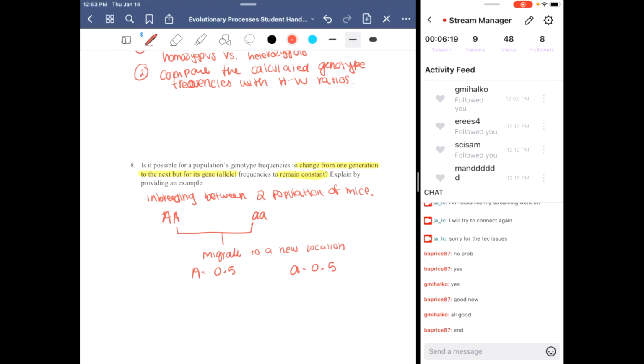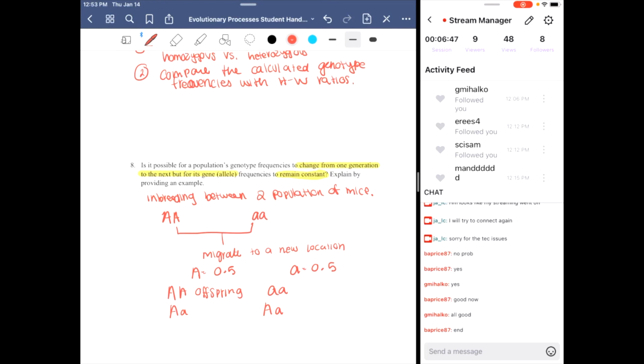And if we look at all the possible combinations of the offspring, so there can be big A, big A offspring, there can be big A, little a, little a, little a, or another big A, little a. So again, like the Hardy-Weinberg ratio that we saw in the beginning.